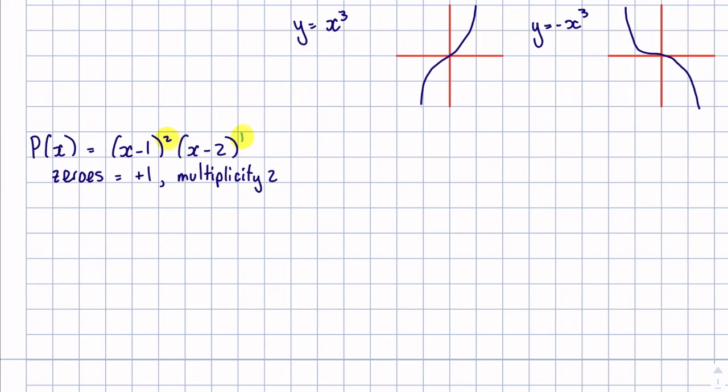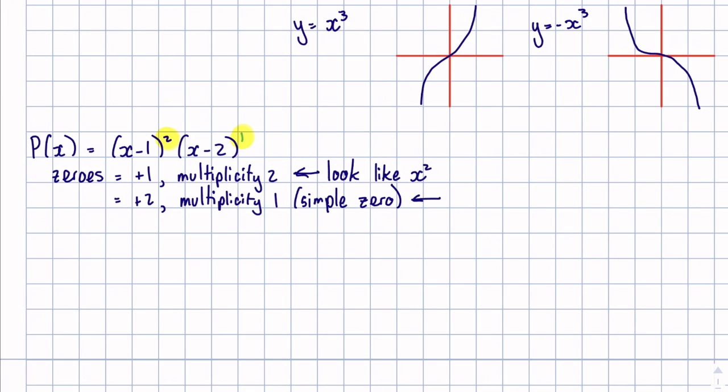And we've got positive 2, and that's multiplicity 1, which is what we also call a simple zero. Which means here it's going to look like a quadratic, like x squared. And here it's just going to look like a straight line, like x.